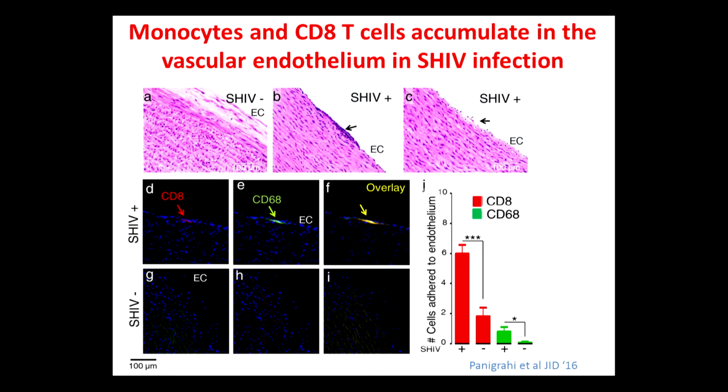In the SHIV infected animals, there is an accumulation of inflammatory cells that's not seen in the uninfected animals. Here are the summary data of the animals that are SHIV or SIV infected for inflammation with CD8 T cells, accumulation of those, as well as inflammation and accumulation of monocytes.